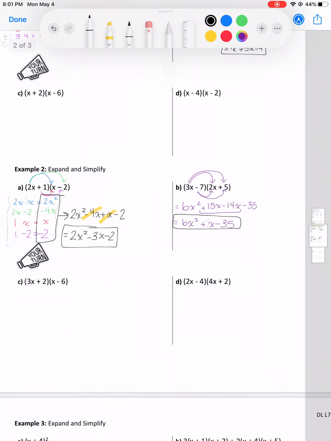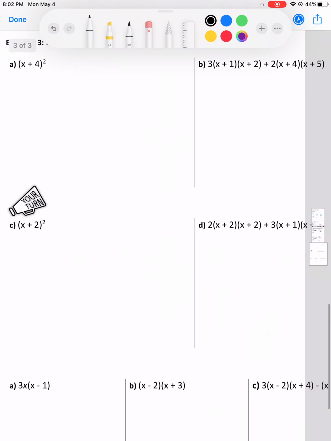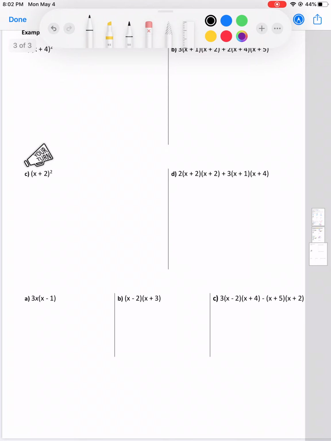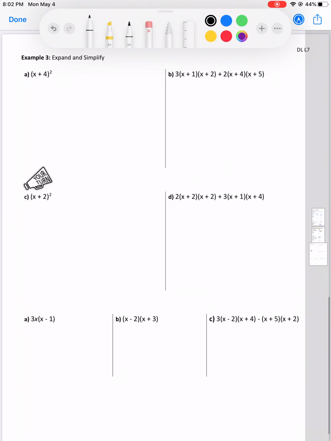Hoping this makes sense. Of course, to me, guys, it's pretty straightforward stuff. I just want you guys to actually practice. I'm just going to go through these next two, A and B, and then the rest are practice. If you're getting it, that's fantastic.